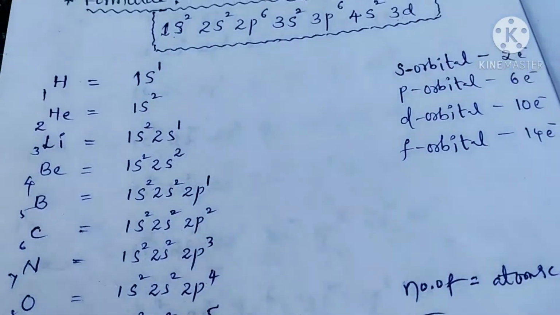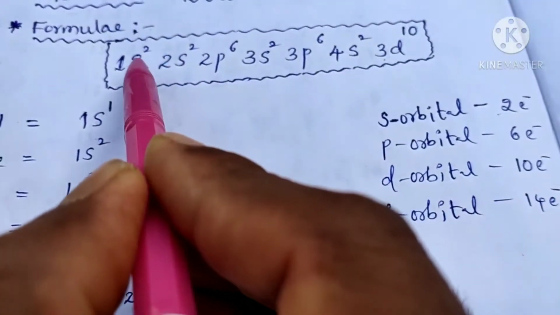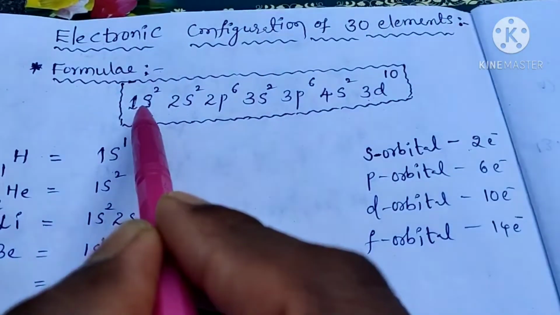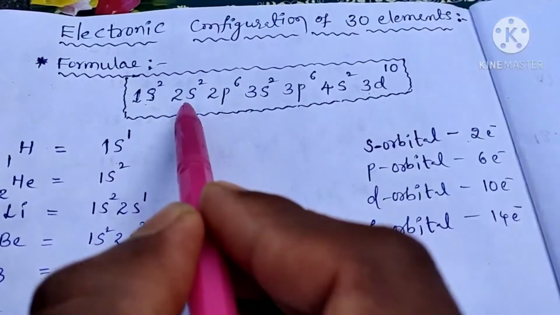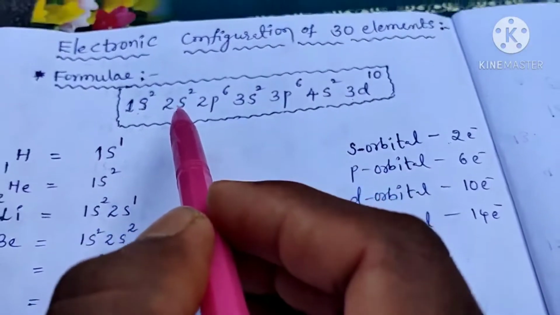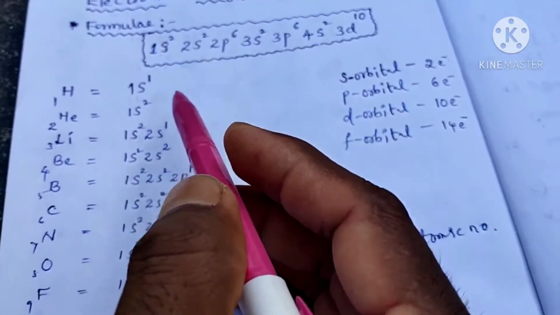Next, the s orbital is completely filled with 2 electrons, right? So after it is completely filled with 2 electrons, let's move on to the next orbital, that is 2s. Again, s orbital can accommodate a maximum of 2. You can fill 2 more elements, right?